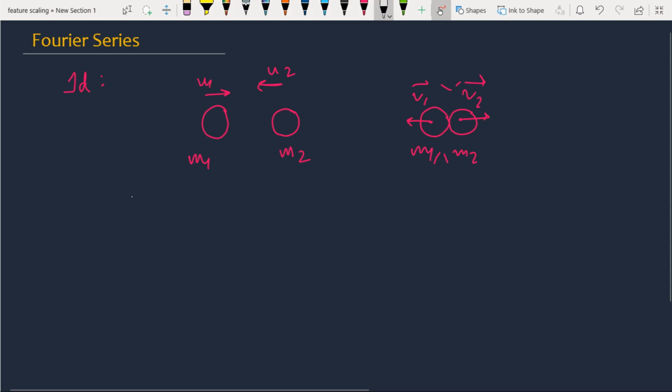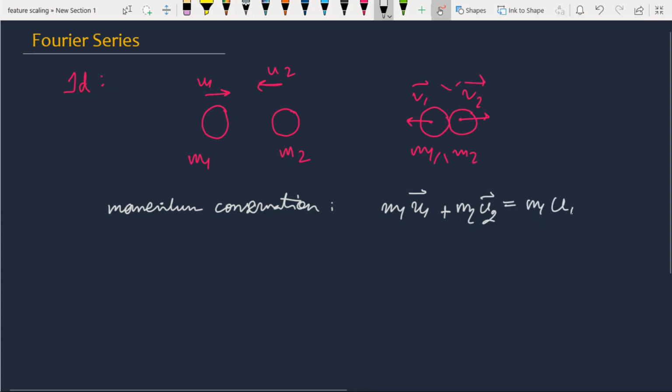The first equation is the conservation of momentum, and this says that m1 times v1, where v1 is the velocity after the collision, plus m2 times v2 must be equal to m1 times u1 plus m2 times u2.